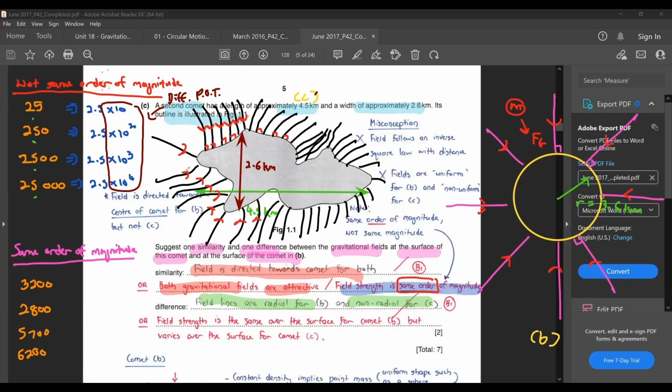Okay, these are what we call the same order of magnitude, right? Because you can see here, this one is 3.2 times 10 power 3. This is 2.8 times 10 power 3. 5.7 times 10 power 3, and then this one 6.2 times 10 power 3. Same order of magnitude here refers to the fact that they have the same power of 10. This is what we would say as same order of magnitude. Okay?